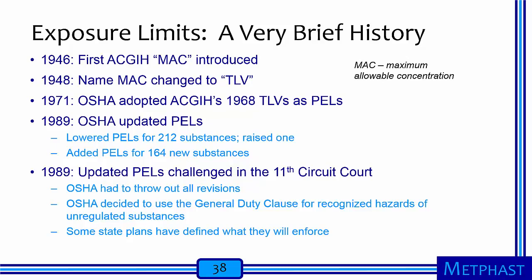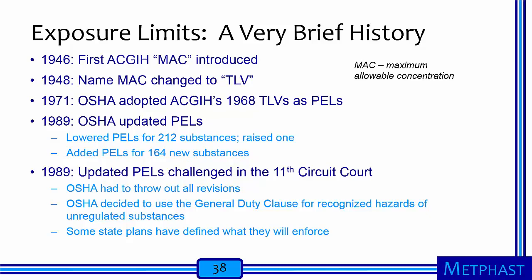In 1971, OSHA adopted the ACGIH's 1968 TLVs as their own permissible exposure limits. In 1989, OSHA updated the permissible exposure limits, lowering them for 212 substances and raising one. OSHA also added permissible exposure limits for 164 new substances.